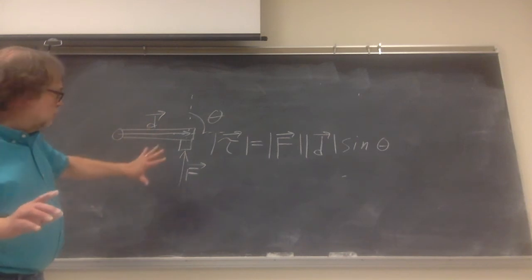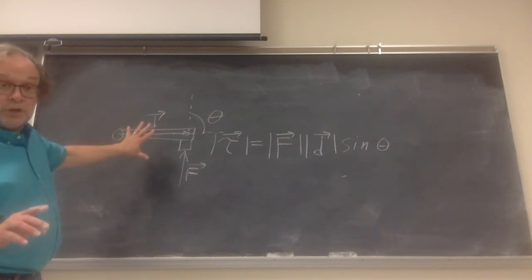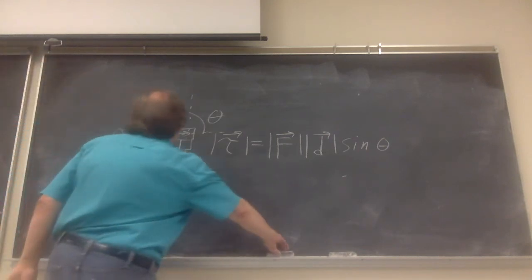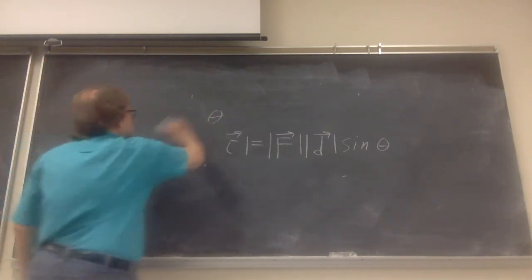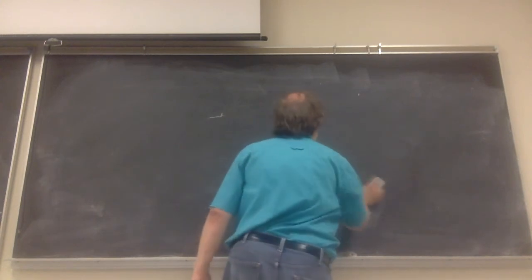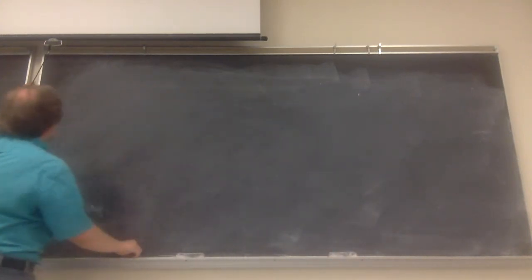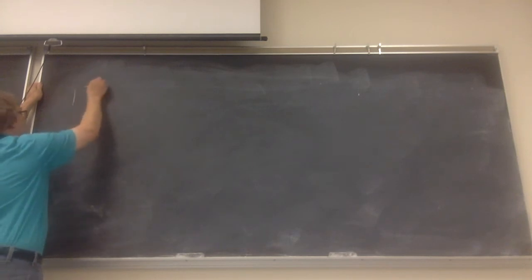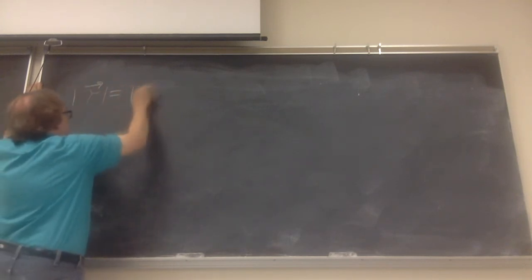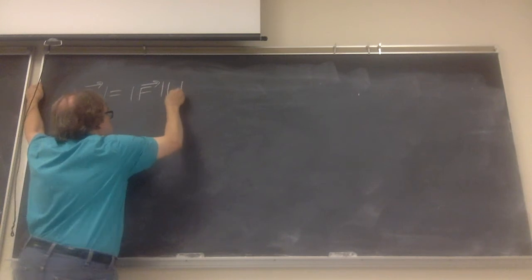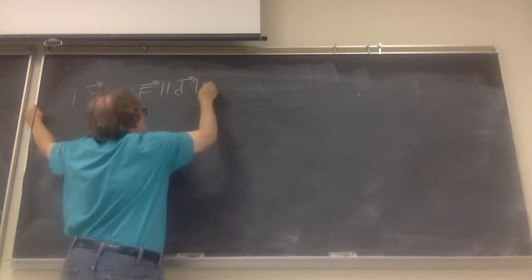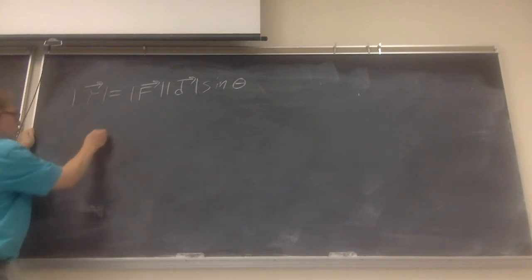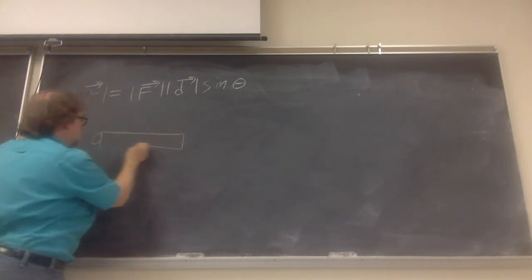Let's look at a few different ways that you might push on the door in order to open the door. So I'll just write the torque rule up here for handy reference. So here's one way to open the door.